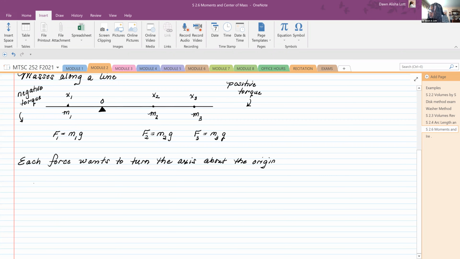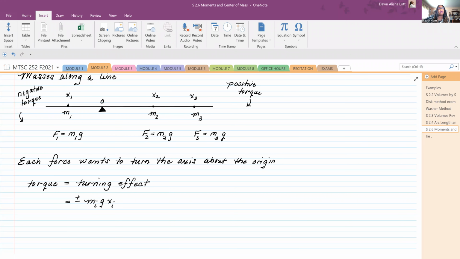So the torque is what we're going to call its turning effect. That's effect, not affect. And it is equal to the force, which is Mi times G. So that's the force, but it's times the distance this thing is from the axis that it's going to go. And it's a signed difference. It can be positive or negative depending upon where this thing is located.